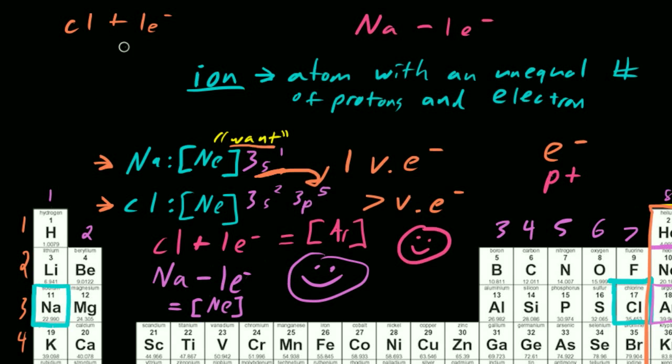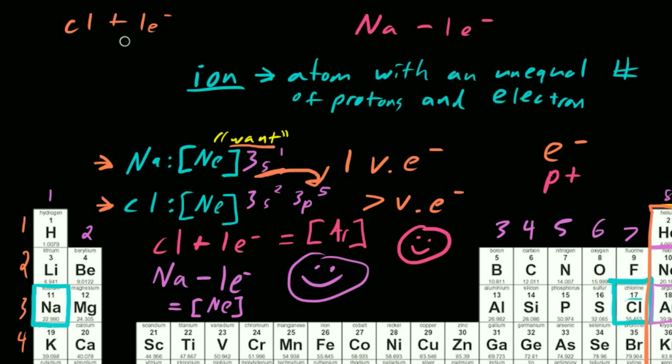And essentially, you can imagine that the chlorine atom has a nucleus with a charge of positive 17. You might think, isn't one more electron too much of a negative charge for the chlorine atom to take on?